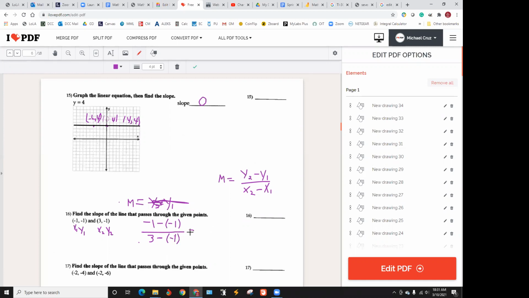Now what's going to happen up here? I think we got a slope of 0.